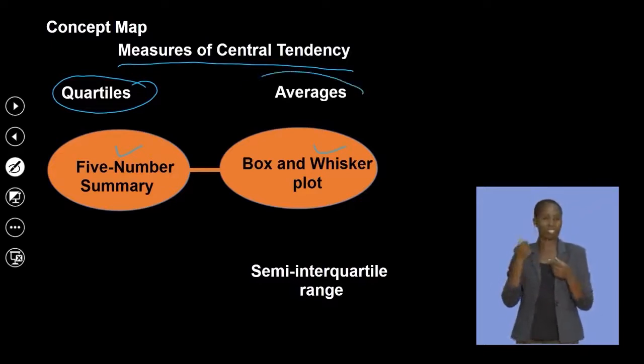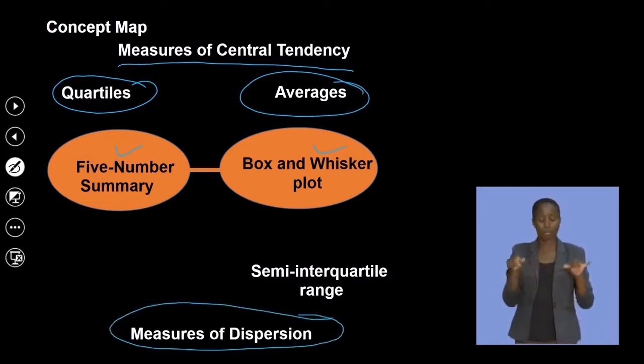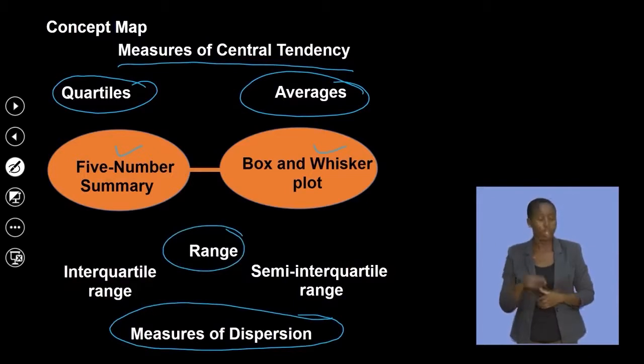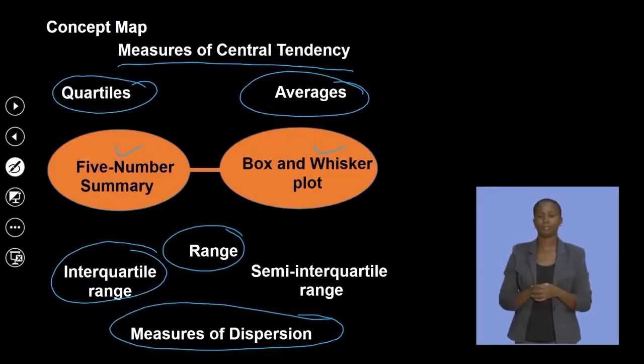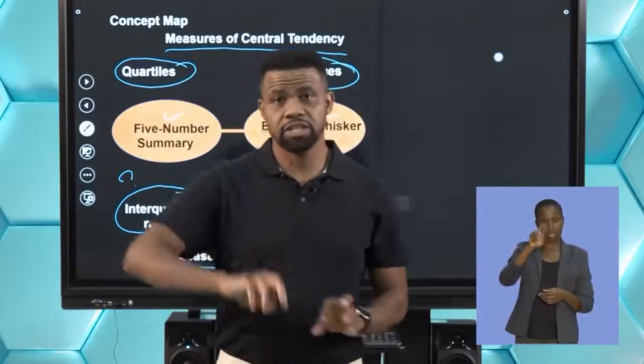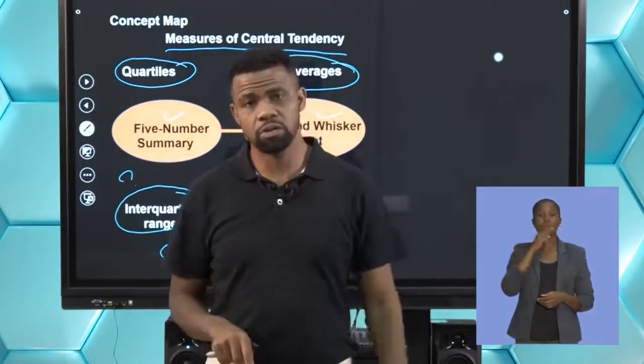Then the average, which is also the mean. The measures of dispersion, how the data is scattered, are the range and the interquartile range. And remember that the interquartile range is the upper quartile minus the lower quartile.